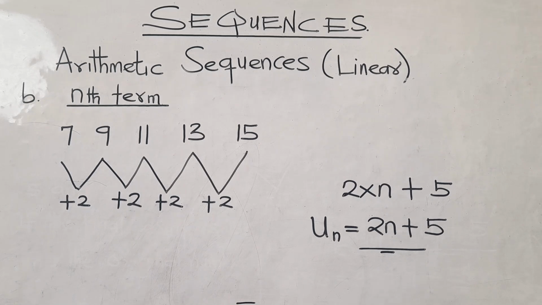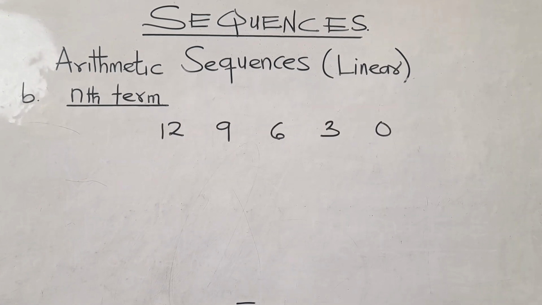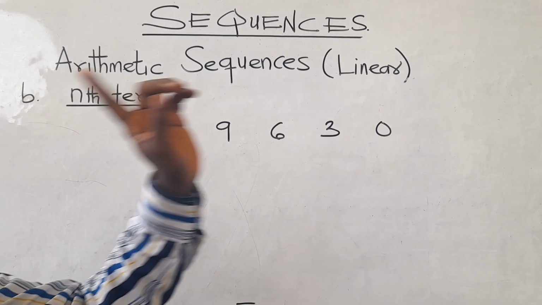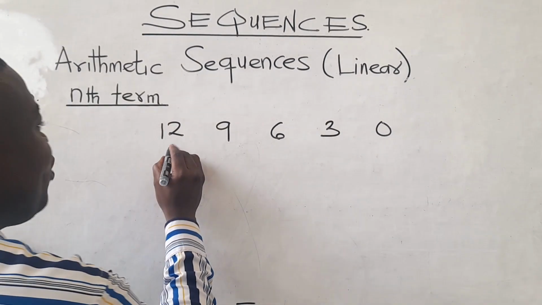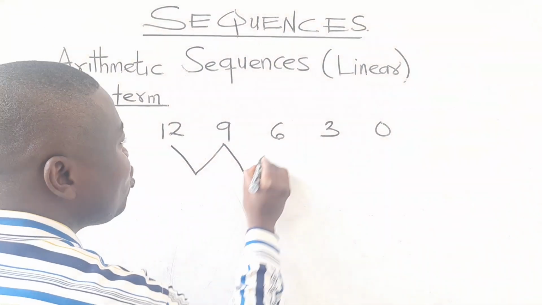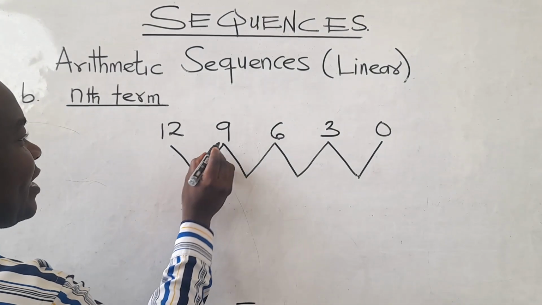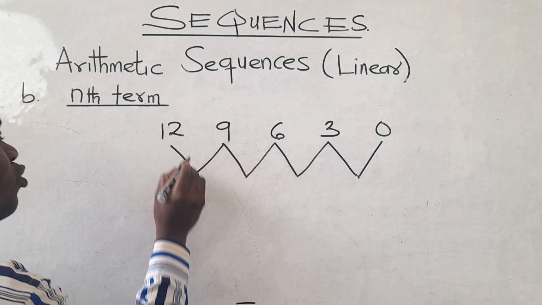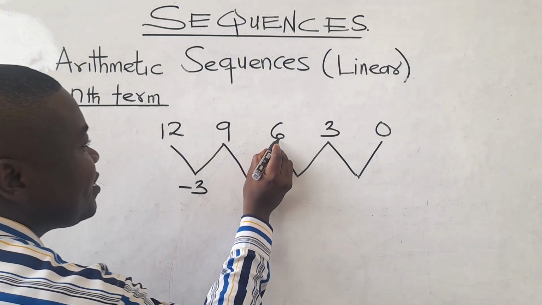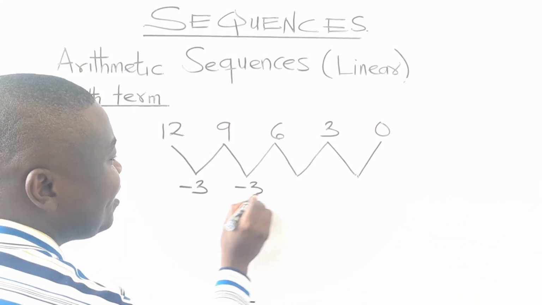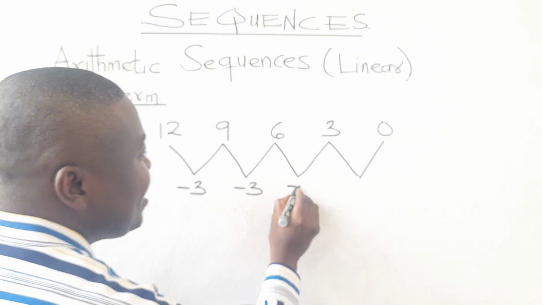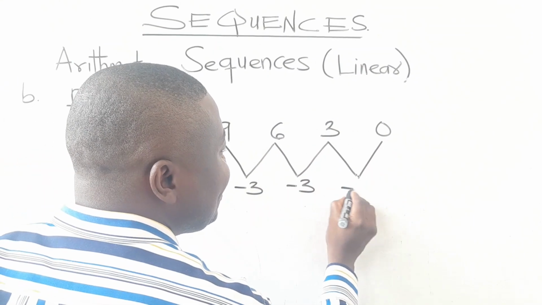Let's see another example. Now let's find the nth term of this. First thing we do, we get the common difference or the first difference. So this is what we have: 9 minus 12 is negative 3, 6 minus 9 is negative 3, 3 minus 6 is negative 3, 0 minus 3 is negative 3.